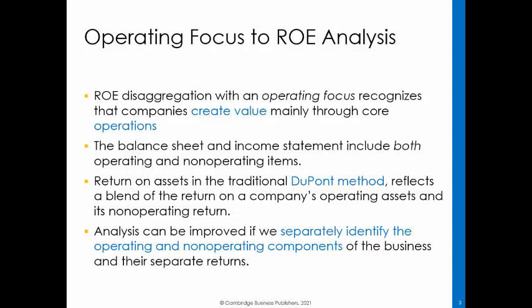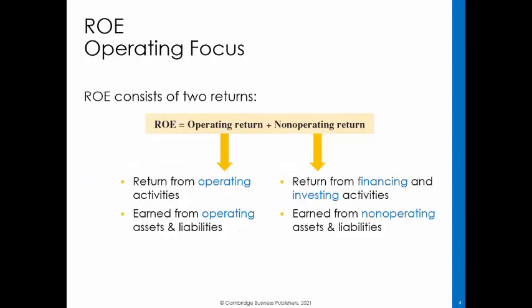Because operating activities affect company value much more than non-operating activities, our analysis of a company can arguably be improved if we separately identify these two components of the business and analyze them separately. Return on equity computed using net income and total equity reflects a blend of the return on the company's operating activities and the return that arises from the non-operating activities.